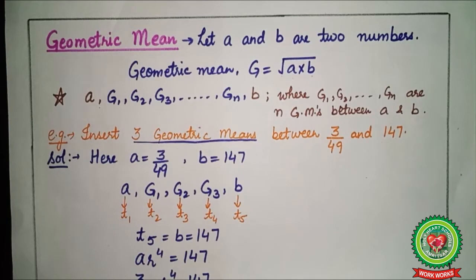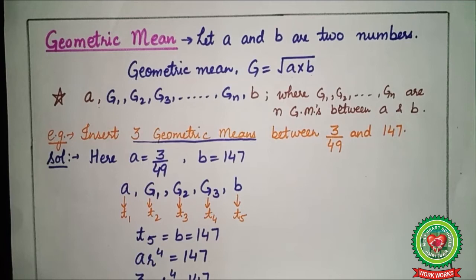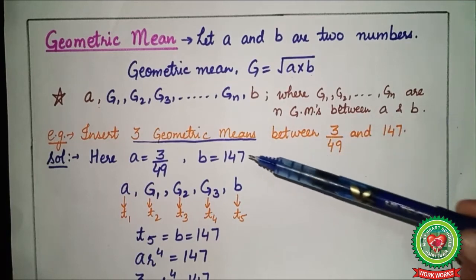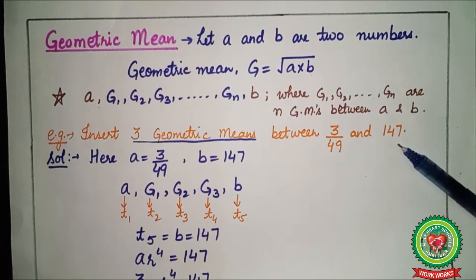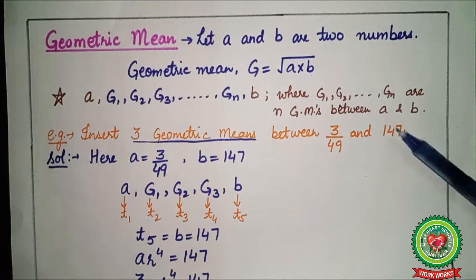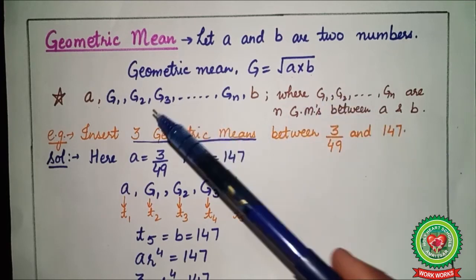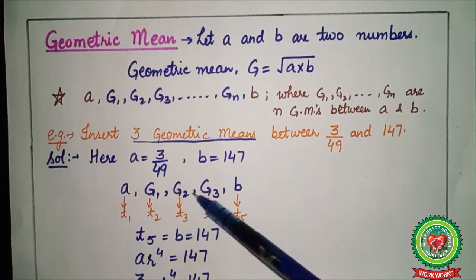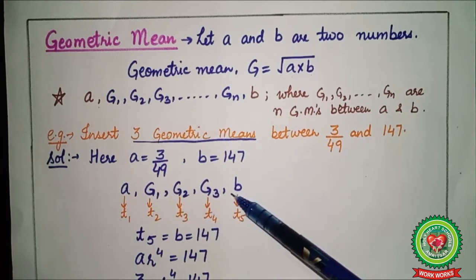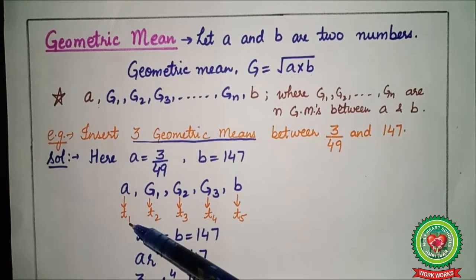Let's do one example for better understanding of the topic. Insert 3 geometric means between 3 by 49 and 147. Here two numbers are given, that is A and B. Now with 3 geometric means we have A, G1, G2, G3 and B. In this way we have 5 terms.